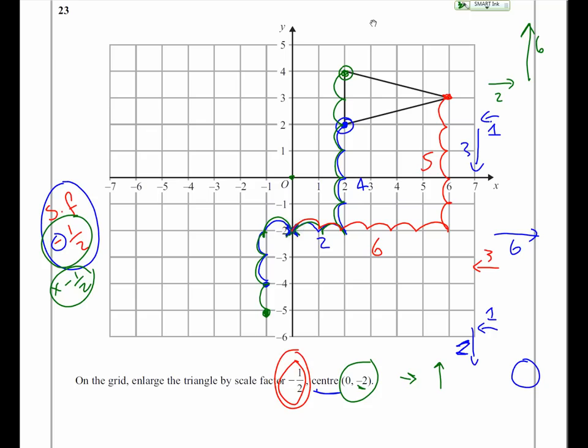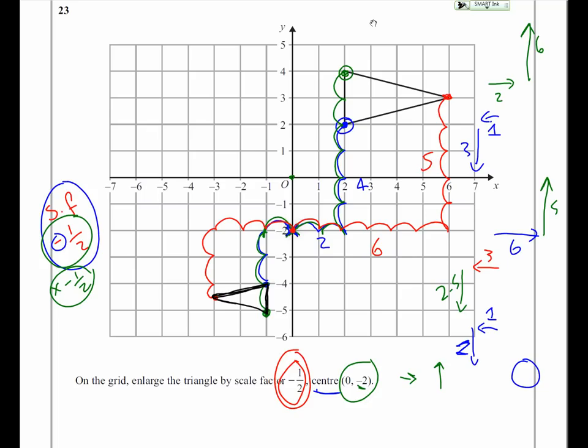The 5 that it was going up, it's going to go to half of 5, which is 2.5. Instead of going up, it's going down now. So let's go from the centre. Look how busy the centre is. 1, 2, 3, and 1, 2 and a half. So a new point goes, and then we can draw our triangle.